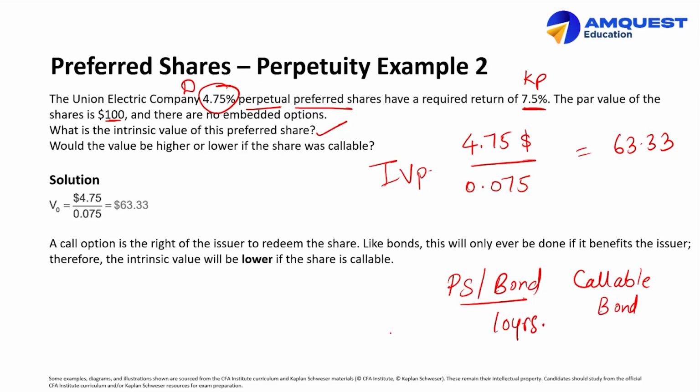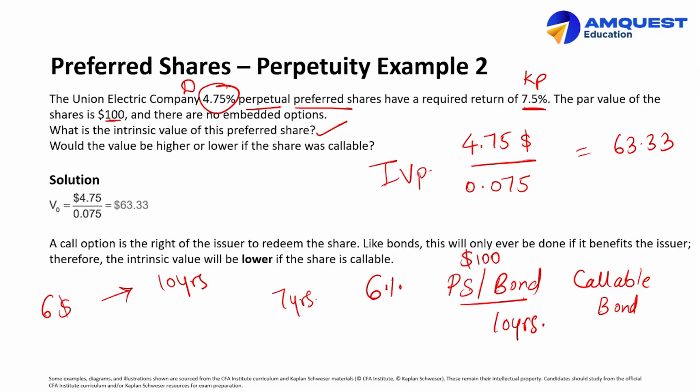Let's say after 7 years, the company has decided that, okay, I have enough money. Let me take back the bond and give you back the principal amount. Let's say the preference share or the bond was available at a price of $100 and they have promised you a return of 6%. So you are expected to get $6 every year for the next 10 years.